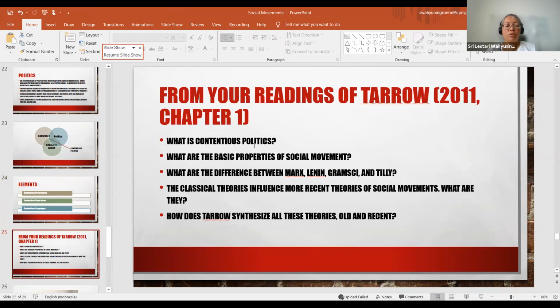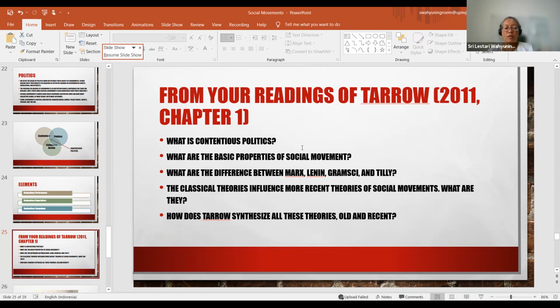What I would like to explore more is your readings from the chapter that we gave you, from Sidney Tarrow's book, chapter 1. I'd like to know more about what contentious politics is. How do you understand contentious politics from that reading, and what are the basic properties of social movements?